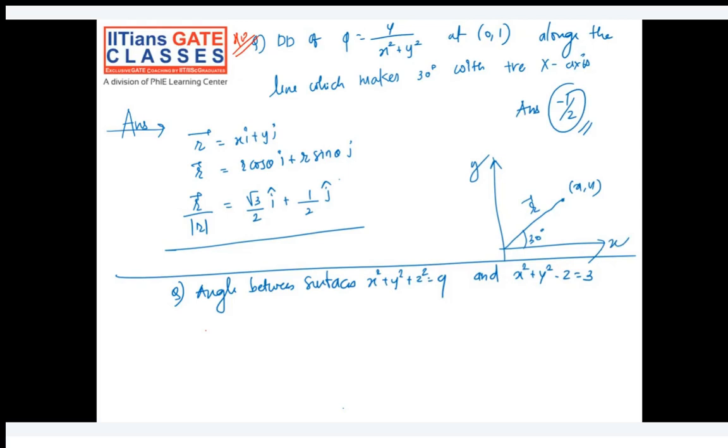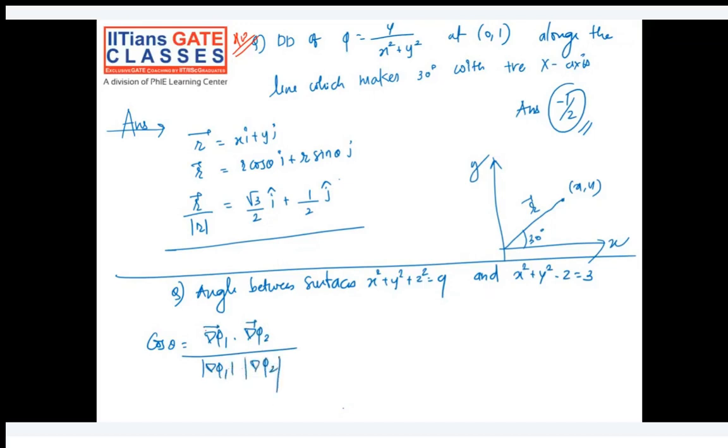If you remember the formula, cos of theta is equal to del of phi 1 dot del of phi 2 divided by mod of del of phi 1 into mod of del of phi 2. This is the formula which you have to use. So theta will be cos inverse of this. I think you should be able to solve it. I'll give you 2 minutes of time.